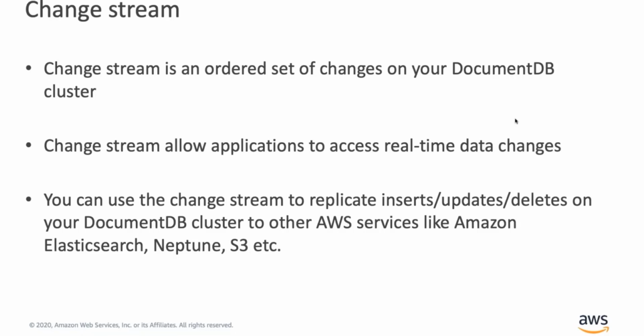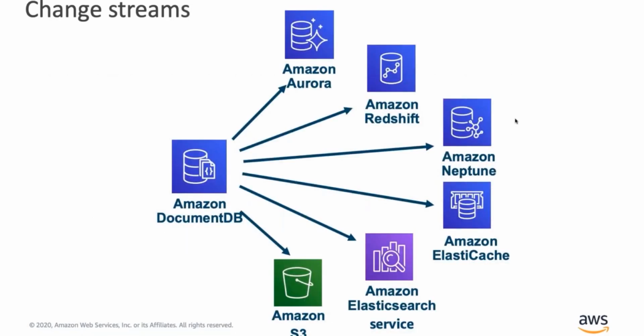Once those change events are captured, you can replicate them to other AWS services such as Elasticsearch, Neptune, S3, etc. Once the data is in the change stream, we can set up a Lambda function that reads the event from the DocumentDB change stream and replicates it to the target of your choice, which could be any of these services that you see on your screen right now.